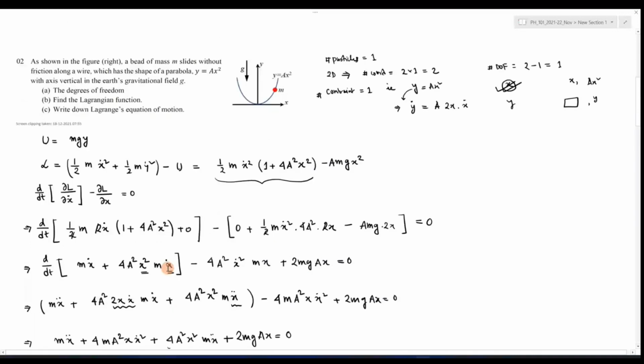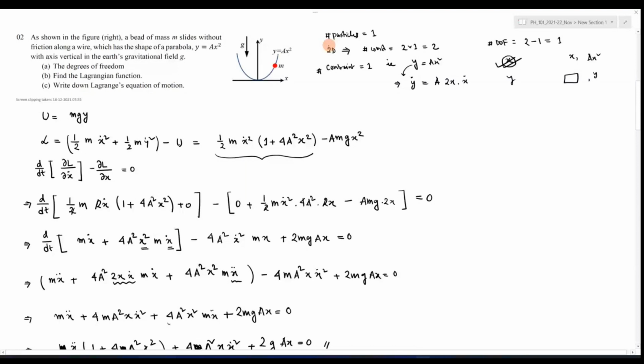You check the number of particles, and find whether it is a 2D problem, 1D problem or 3D problem, then the number of coordinates required, the number of constraints, then find the degrees of freedom, total number of coordinates minus constraints, which will give you 1 for this problem. Then you choose a proper generalized coordinate, then you write the potential energy, simply m g y, then the Lagrangian, kinetic energy minus potential energy.